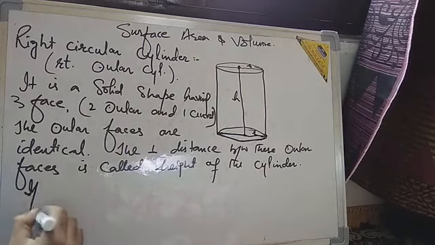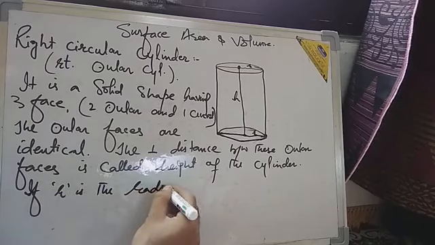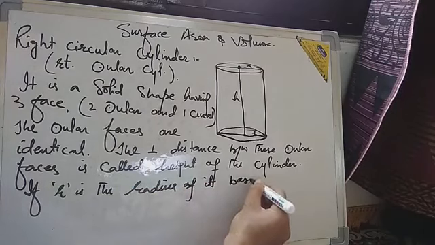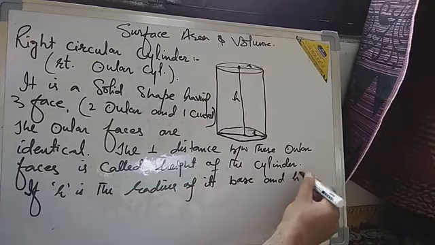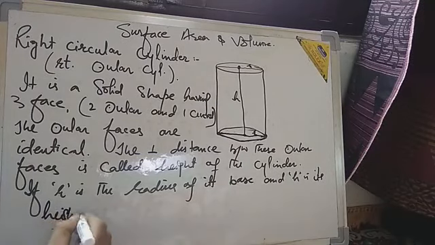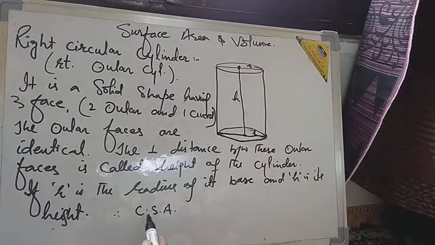If R is the radius of its base and H is its height, therefore its curved surface area. Here you have to say the lateral surface area as curved surface area, because the side face of this cylinder is in the shape of a curve.